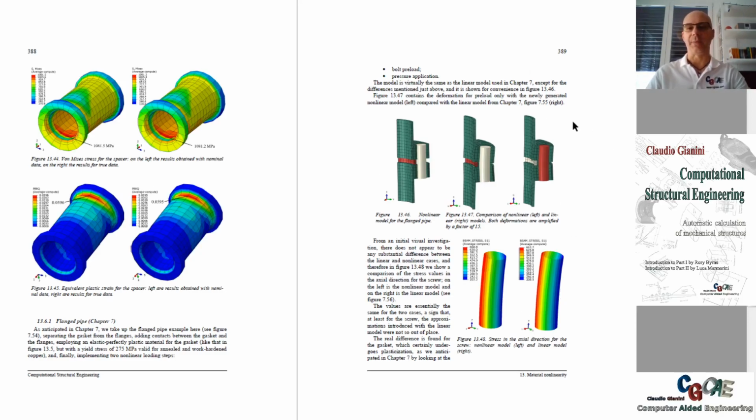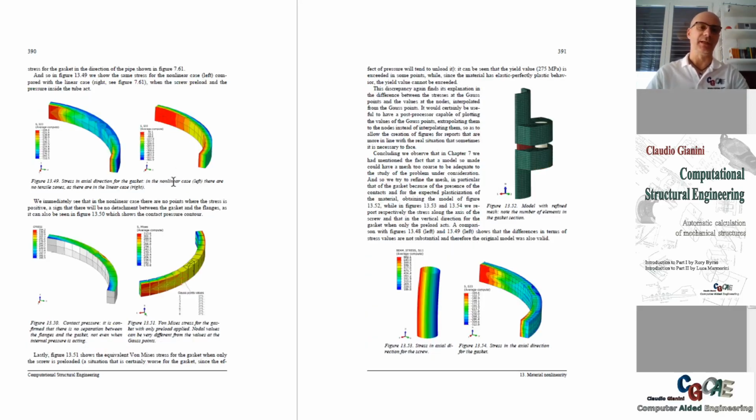Then again, we come back to the example which we already discussed in chapter 7 with the advanced linear calculation, and it is put into the nonlinear material approach because we have set the gasket with a nonlinear, elastic-plastic behavior, and here the calculation is repeated.